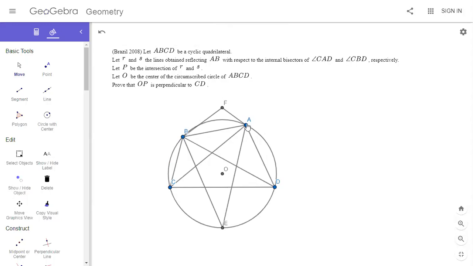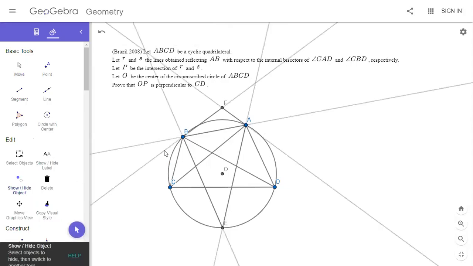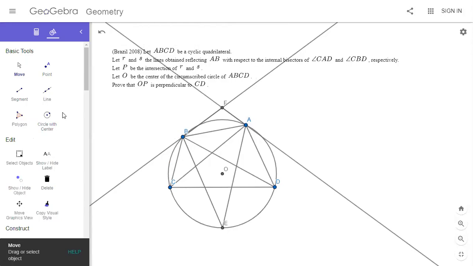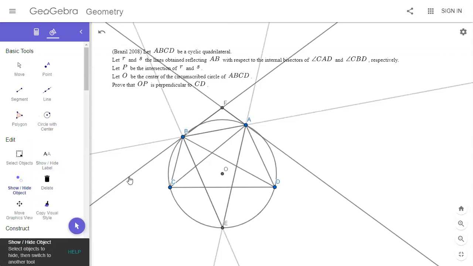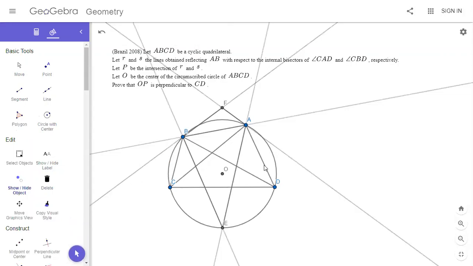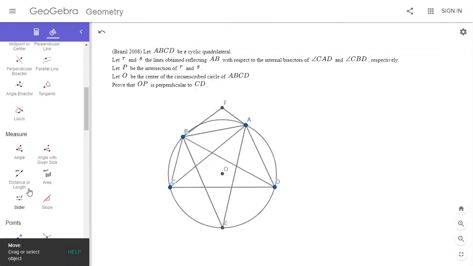So yeah, we take AB and we reflect it over. Let me just draw the whole line. You know what? Let me draw the ray actually. So I'm going to hide the lines, but I'm going to draw the rays just because I feel like it might be helpful.